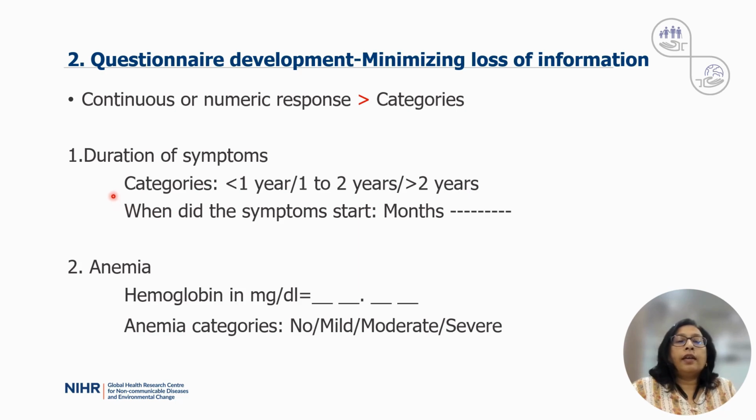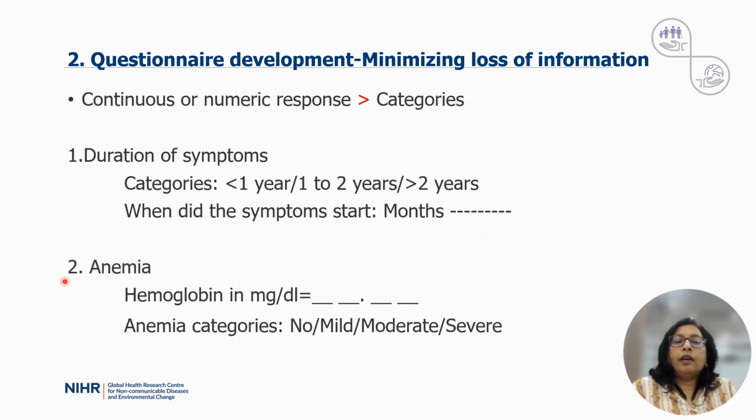You might collect directly this way, or you might collect when the symptoms started, and you want to do it in months. So this one will allow you to capture as fine as, let us say your supervisor says, I don't think 1 year is good, we need to know how many people had less than 6 months. If you end up collecting this way, you may not be able to go back and get the answer. But if you collect the answer as continuous variables, you will always have the option to categorize it whichever way you want.